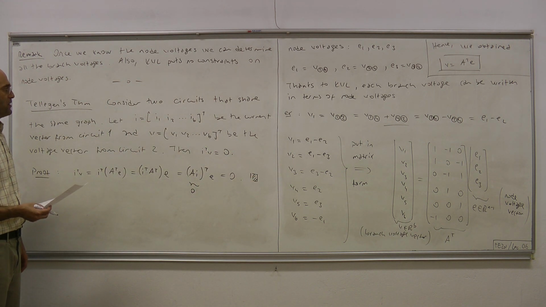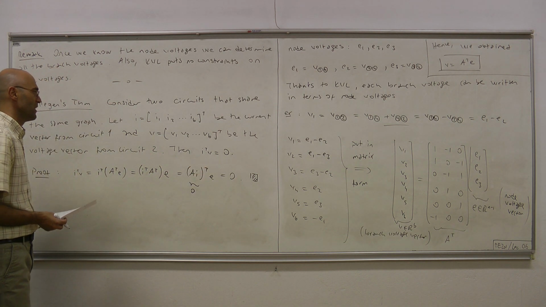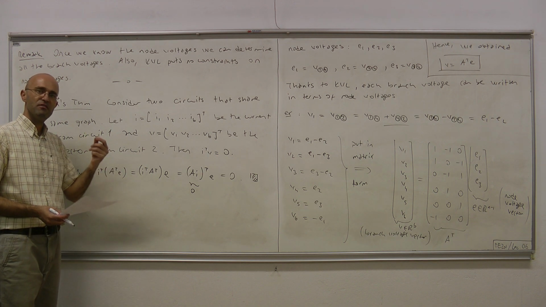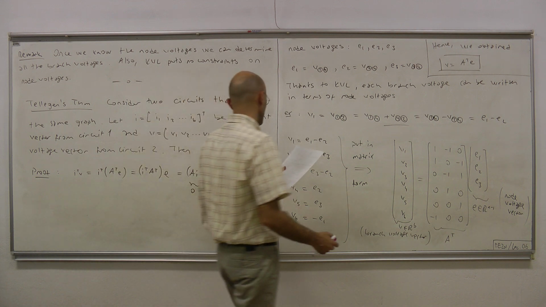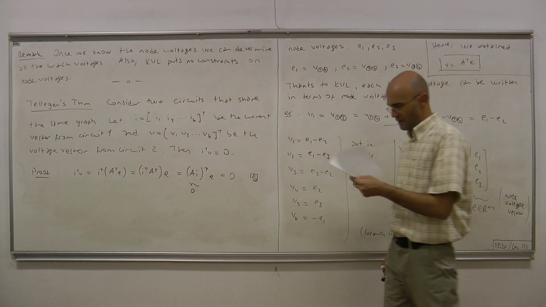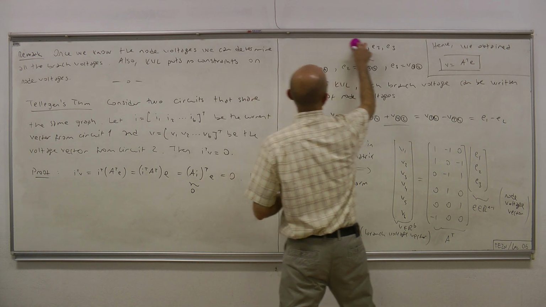Now it turns out that this is more than just a mathematical peculiarity. It also has a very deep physical interpretation. And for that, we have to remember what power was. Let's put that down as a remark.